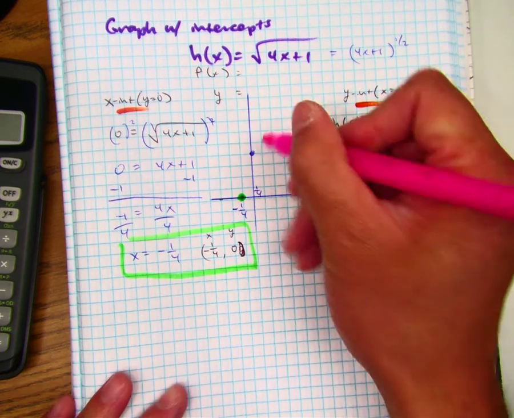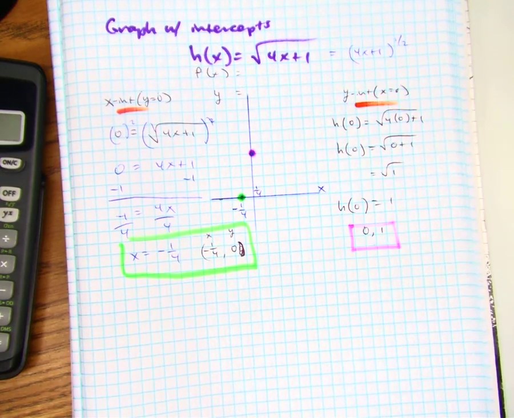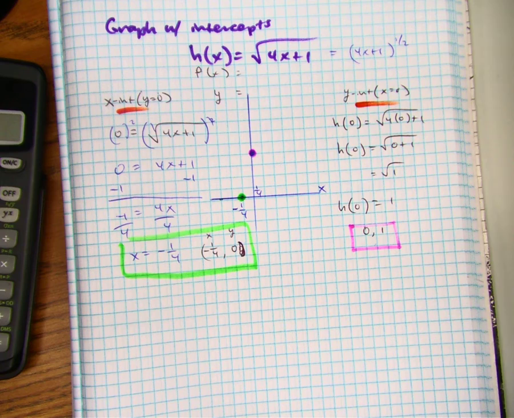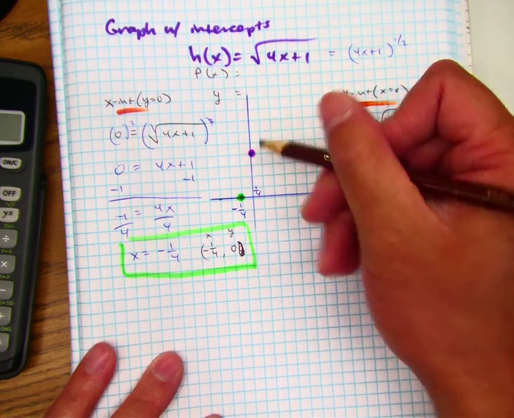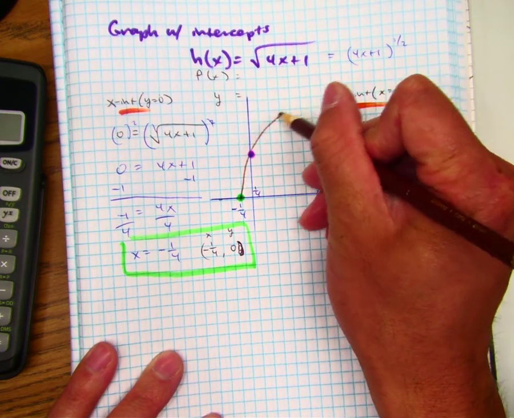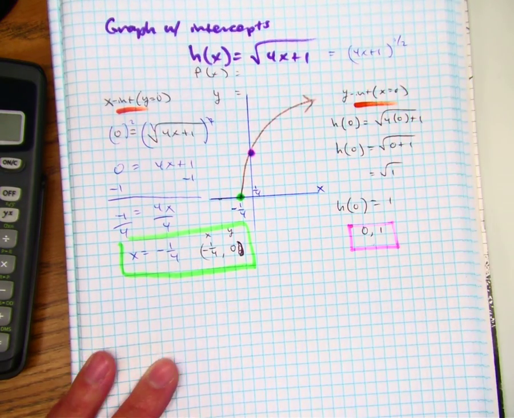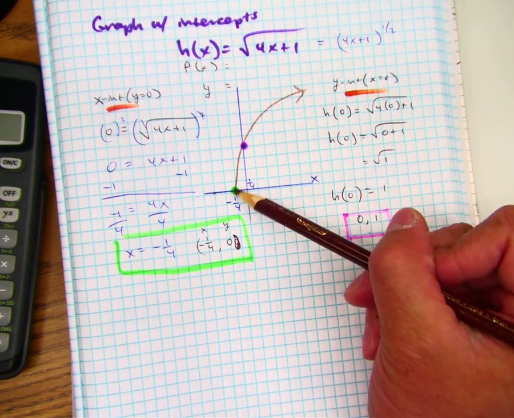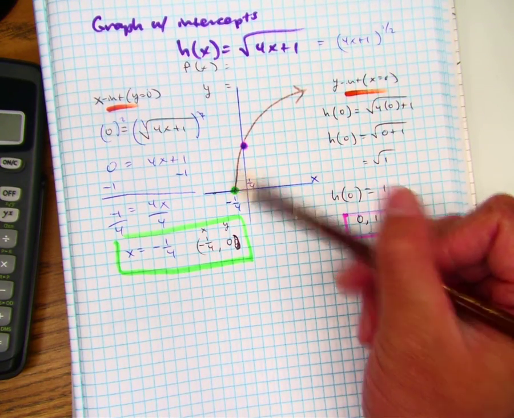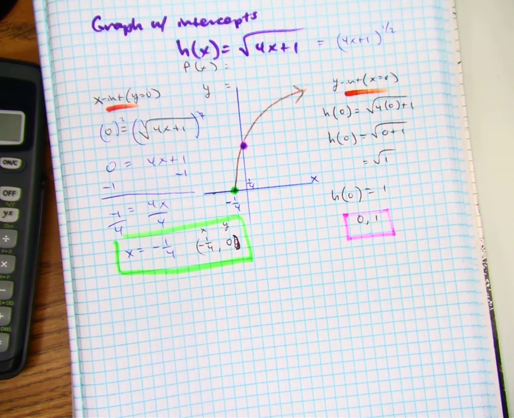That is my y-intercept. And then if I just kind of graph that, something like this. And remember that this is a closed circle, so that's going to include it.